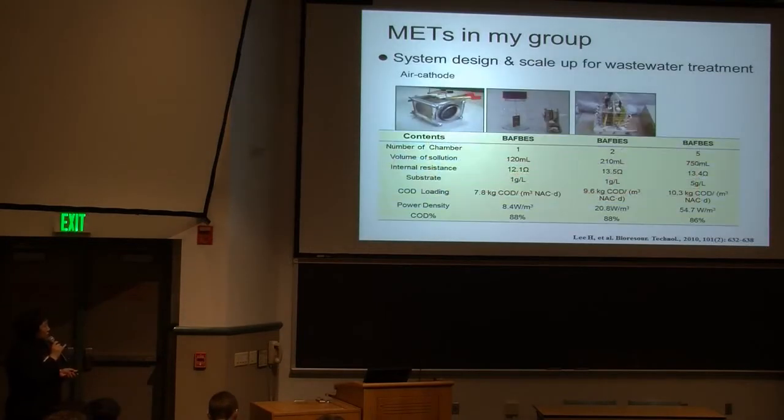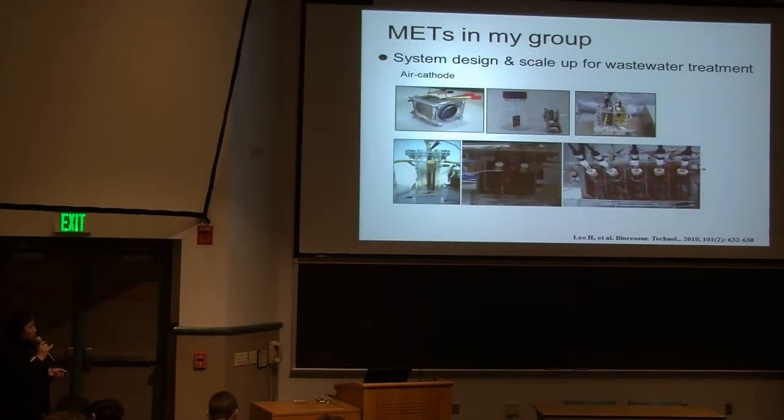In this part, we used cubic reactors or bottle reactors about 10 years ago, and after that we invented some scale-up systems, such as a buffered reactor, to treat the wastewater from a cellulosic ethanol plant.